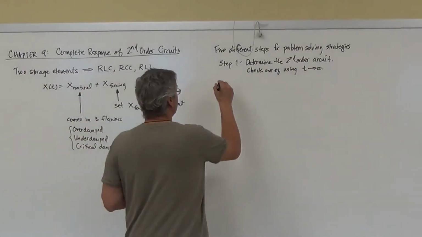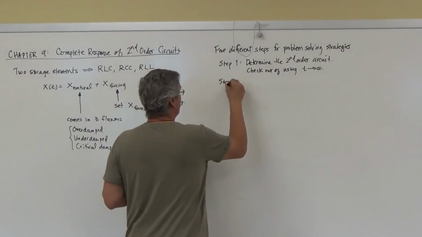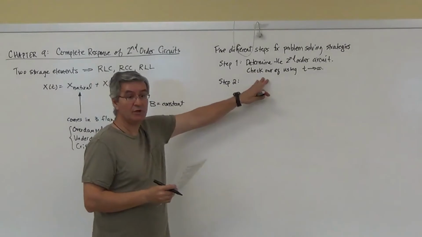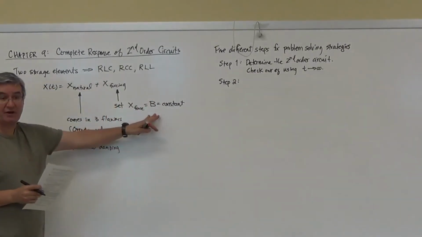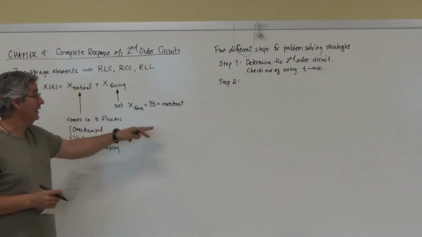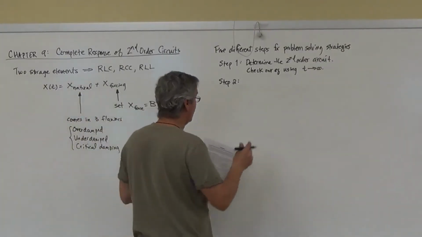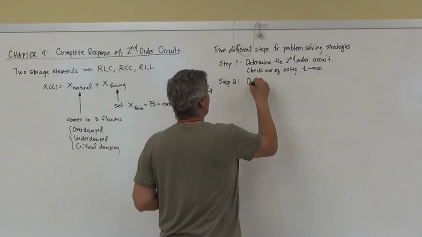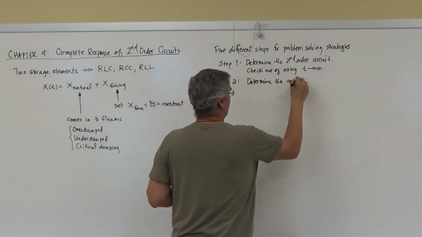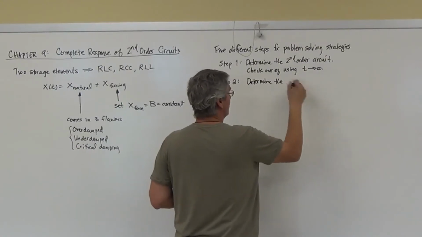Now we already know what the forcing response is, because it's going to be a constant, so it's very similar to what we did in Chapter 8. Our next step is to determine the general response.